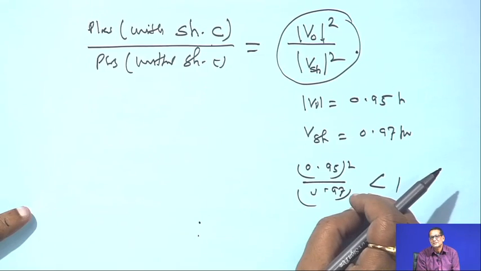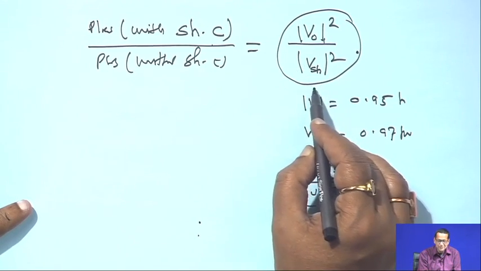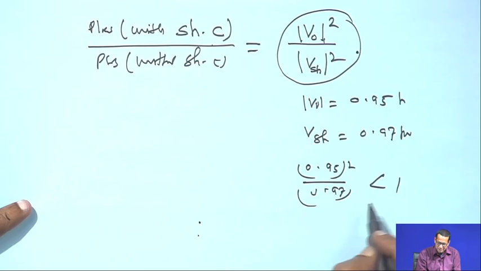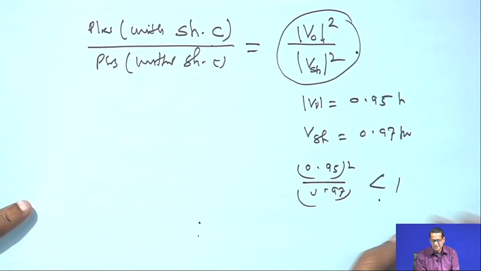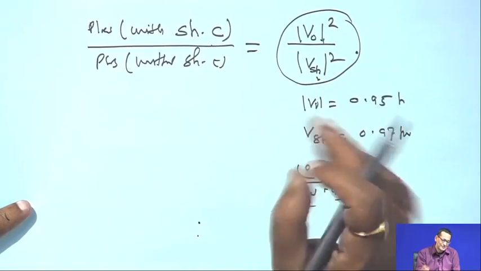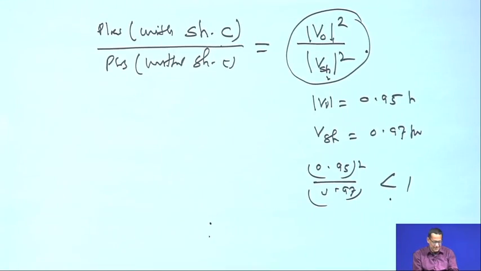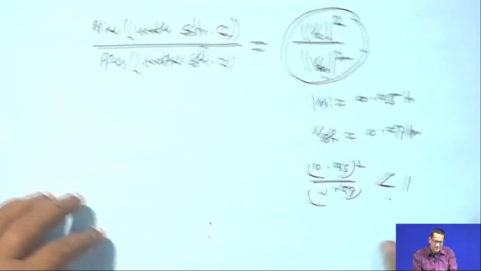But otherwise, the shunt capacitor also improves the voltage level. So, it also reduces the losses, but not like the series capacitor, because in the series capacitor case the voltage rise is very high. So, these are some general ideas for series and shunt capacitors.